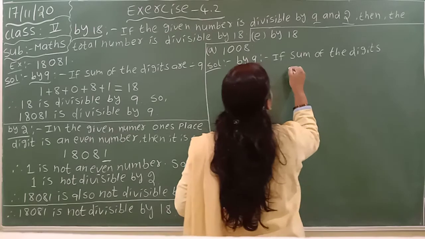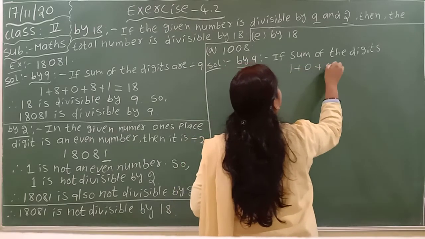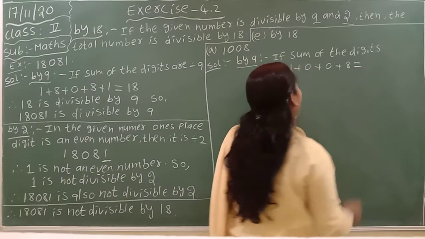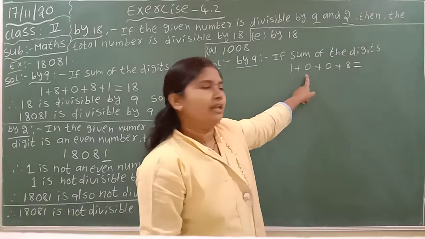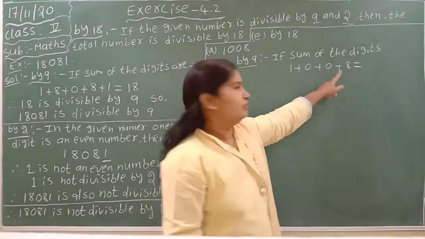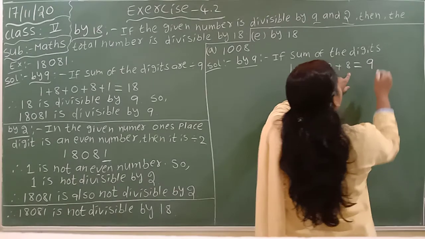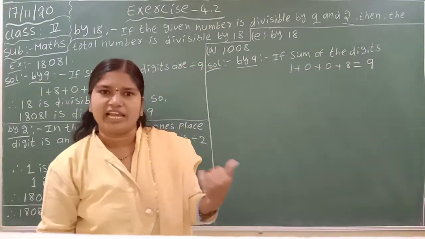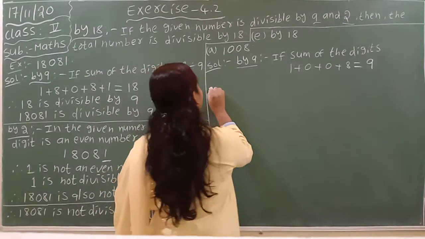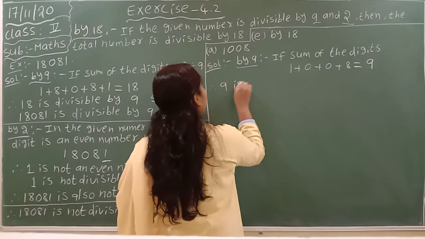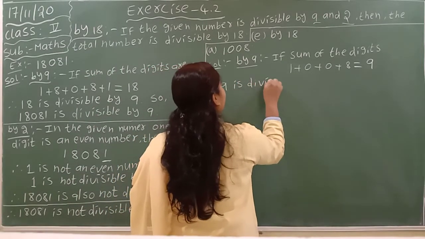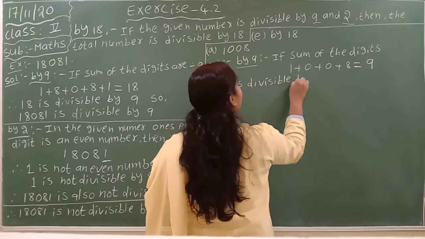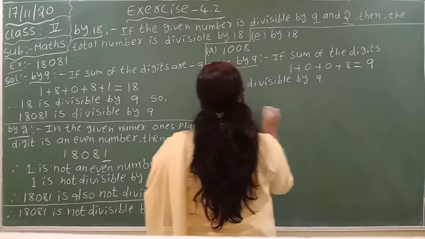Sum of the digits: 1, 0, 0, 8. 1 plus 0, 1. 1 plus 0, 1. 1 plus 8, 9. 9 is divisible by 9. Why? Because 9 ones 9. Therefore, 9 is divisible by 9.